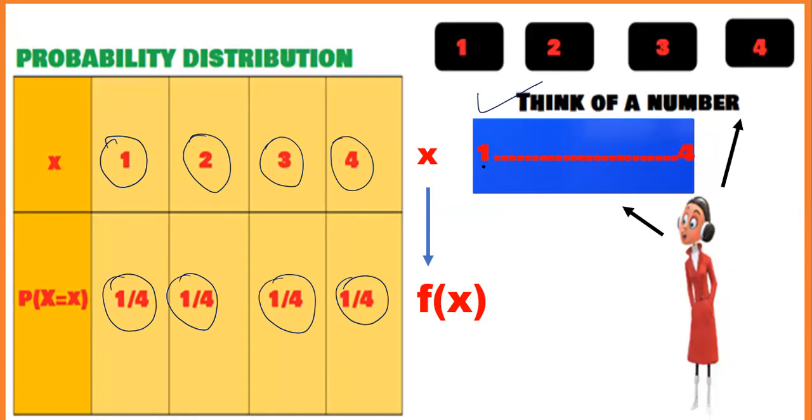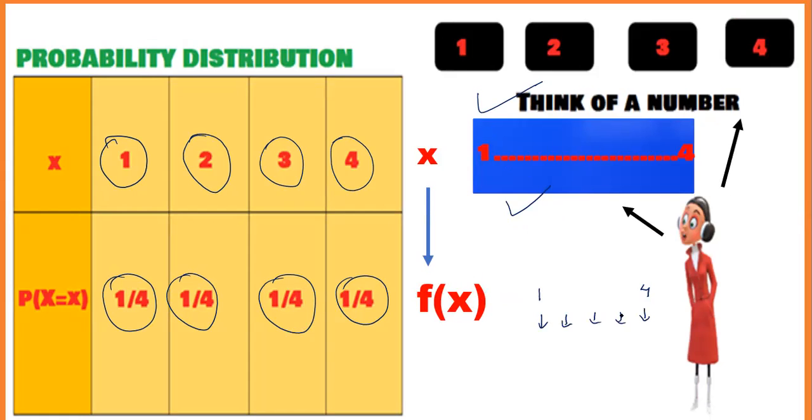However, if we give her a chance to think of any number between 1 to 4, not necessarily the whole numbers 1, 2, 3, and 4, there are an infinite number of numbers between 1 to 4. Although she will think of a number, for the people who want to predict, it will be difficult to list all the numbers from 1 up to 4. We can't list all the probabilities.